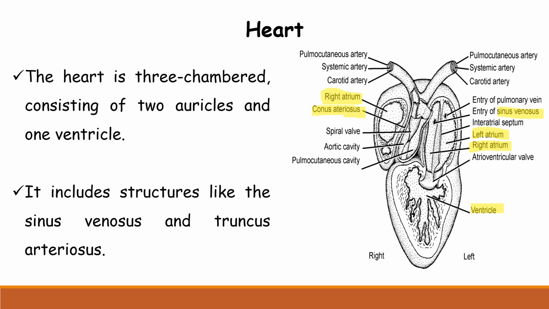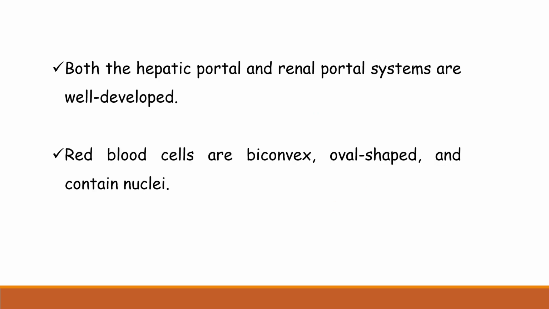Heart. In amphibians, we can see a three-chambered heart consisting of two auricles, the left and right auricle, or left and right atrium, with one single ventricle. We can also see other structures such as the conus arteriosus and the sinus venosus in the heart of amphibians.